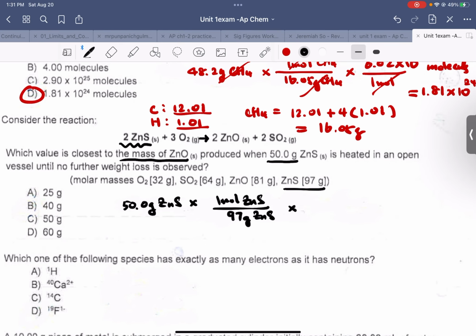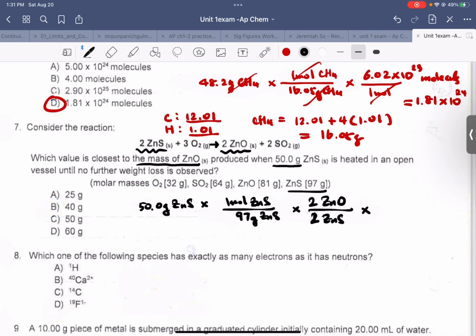Sometimes they don't give you the complete chemical equation, then you can find the coefficients yourself, but this one they already gave to you, so you can just use it. So 2 zinc sulfide and 2 zinc oxide, right?